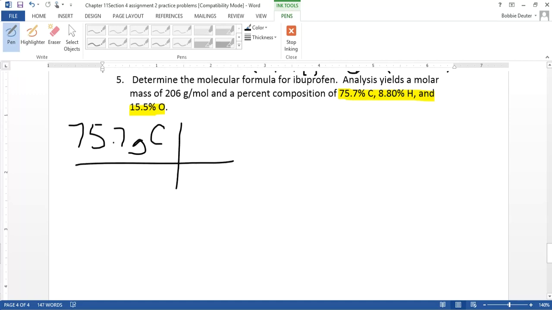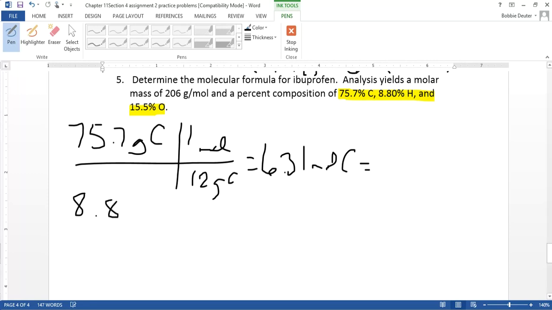That works out great. When we look at the periodic table, the molar mass of carbon is 12, 1 mole, and we have 4.81 moles of carbon. We got 8.8 grams of hydrogen. Again, hydrogen's an easy one because it's 1 and 1.